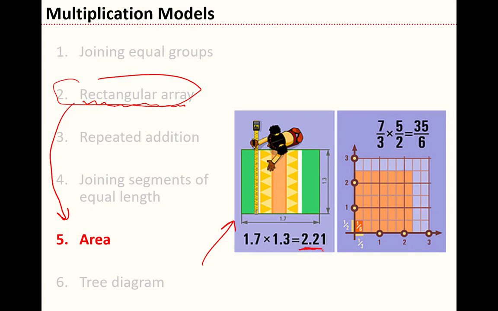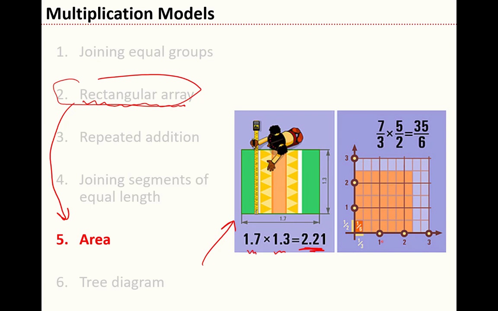Why is it that multiplication is the appropriate operation? It seems like it ought to be, but it's not really like I have 1.7 things and I multiply by 1.3 things. So there is an abstraction going on here.